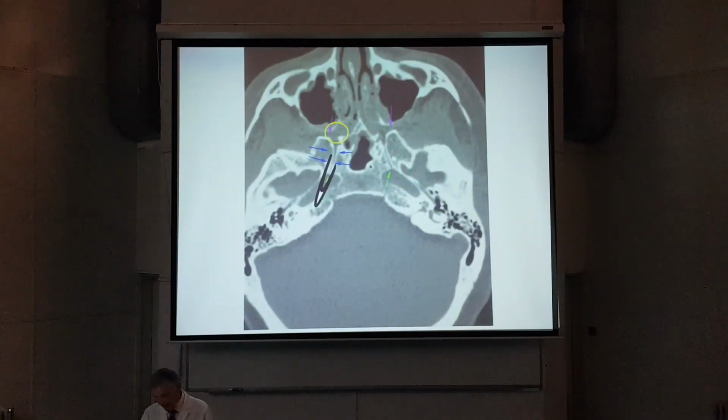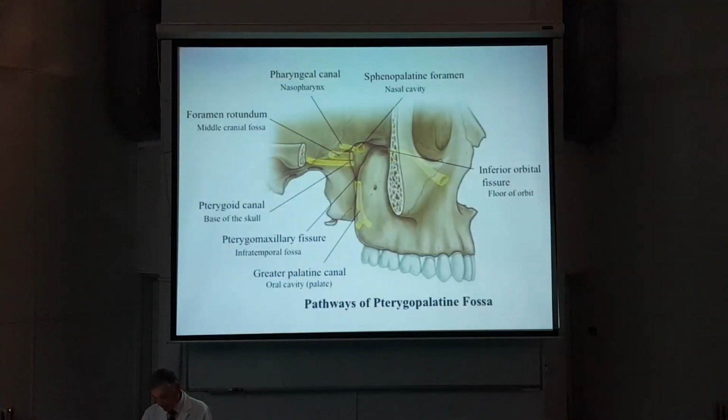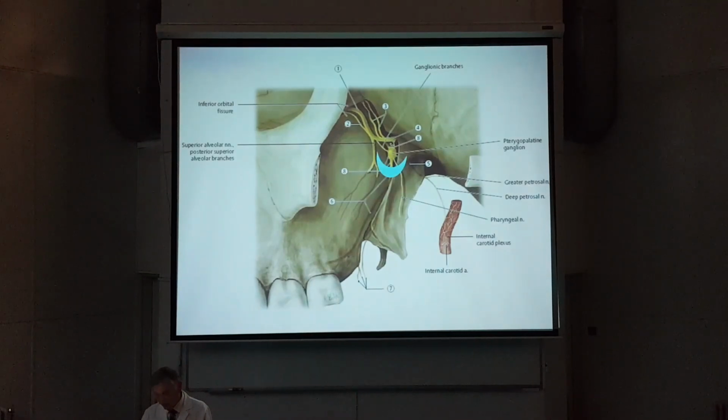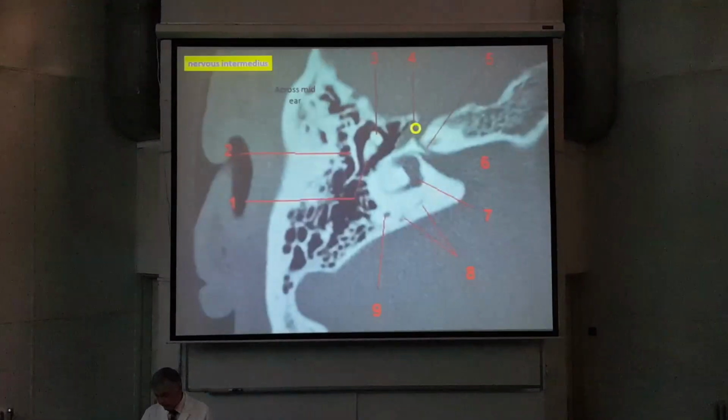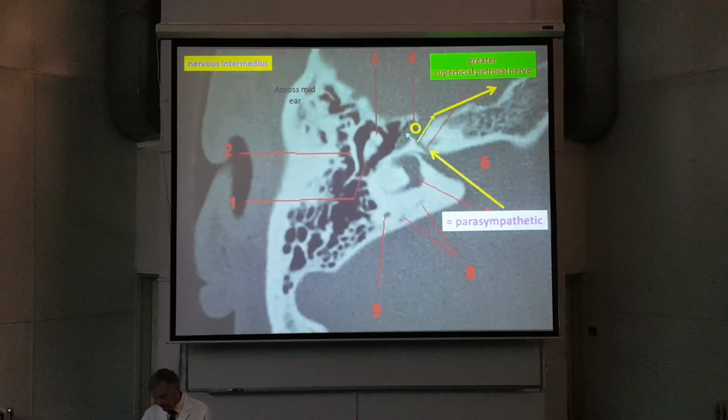This is the canal ending up in the pterygopalatine fossa, and this is the pterygopalatine parasympathetic ganglion, where the greater and the deep petrosal nerve are going to end. This is another slide of this area.